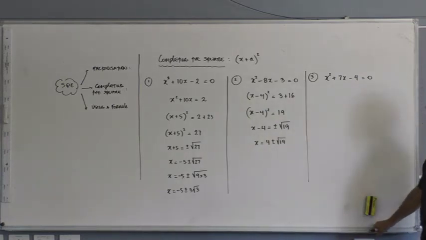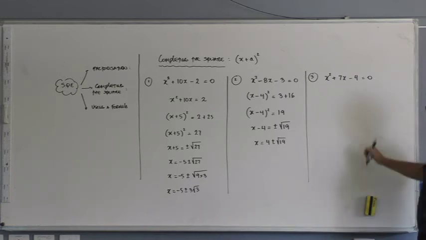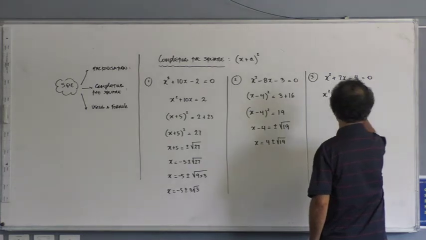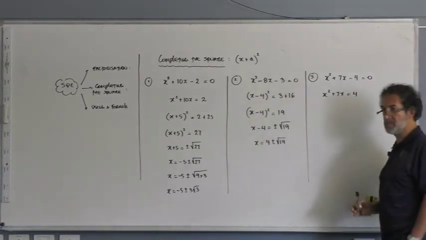Here we go. Step number 1, we are going to move negative 4 across. So then we're going to have x squared plus 7x is equal to positive 4.